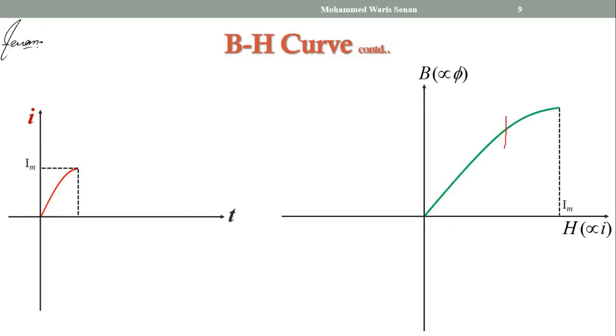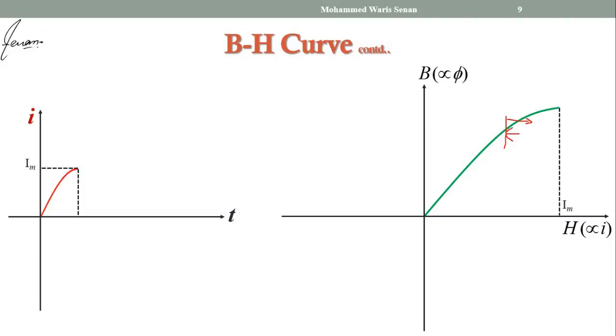The increment of B is not very high, because after this point there will be very few dipoles left to align themselves in the direction of the applied magnetic field. So the internal magnetic field, which was increasing linearly, will not increase in that same proportion after this point. The magnetic material will not develop that much magnetic field.